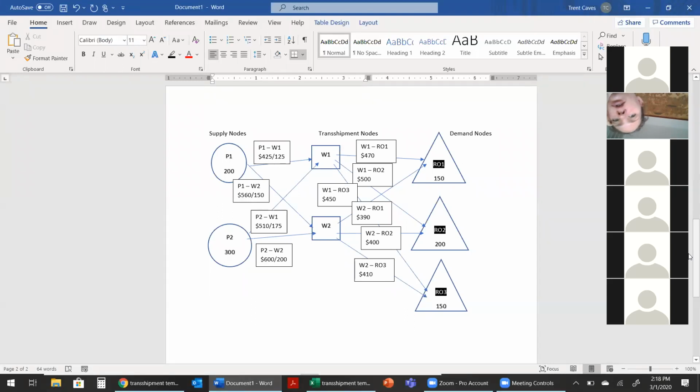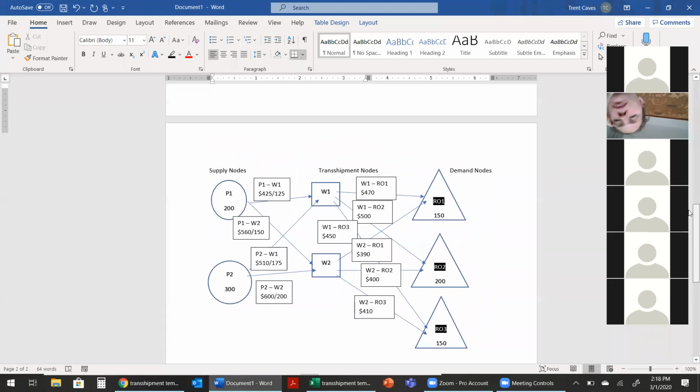Basically it's just a diagram showing our supply, transshipment, and demand nodes with our arc costs and capacities for each of our facilities.